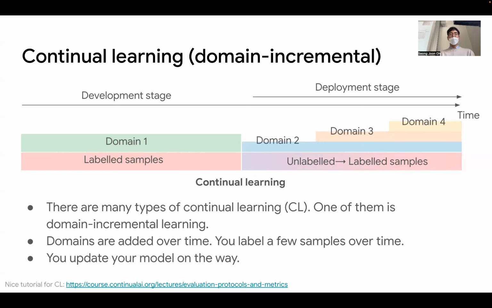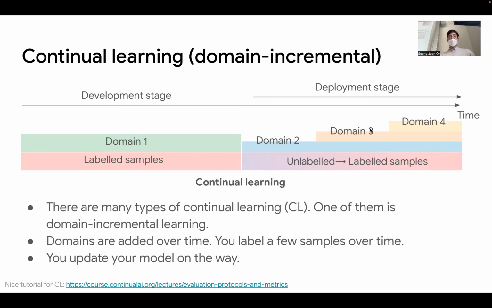And now there's also continual learning. There are different types of continual learning depending on what's changing over time. And now I'm talking about domain incremental continual learning. So you train your model on some domain, and then at deployment, you have several domains coming into your model, and you're slowly labeling those incoming domains.